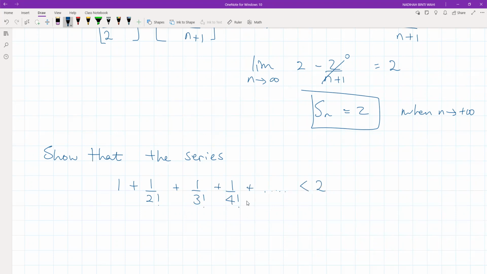Okay, first thing, mula-mula sekali, apa nak buat? Try to find the formula.